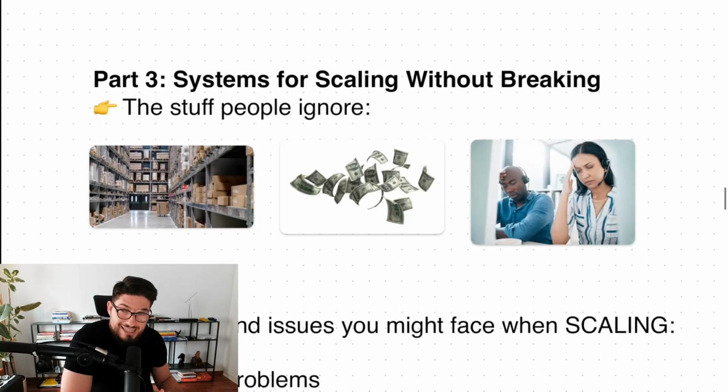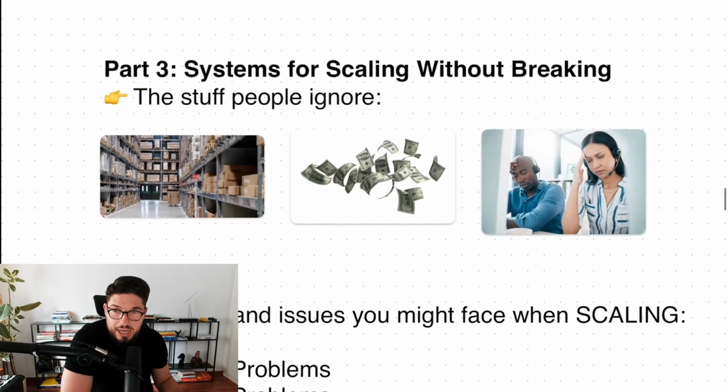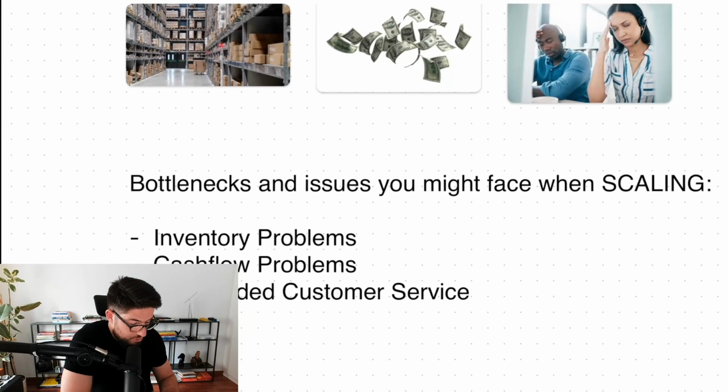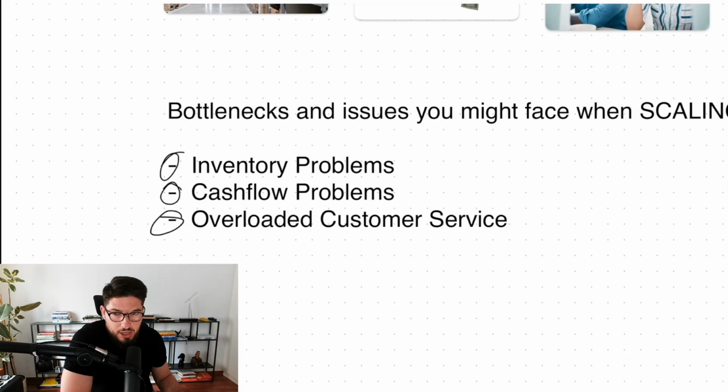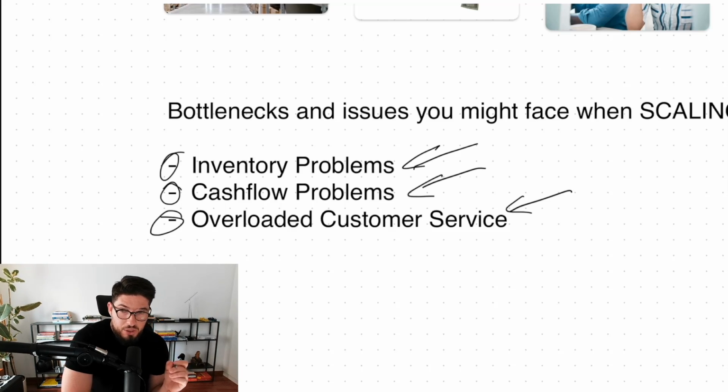So bottlenecks that could delay your time to get to $1 million a year: inventory problems, cash flow problems, and customer service that's basically overloaded. I just mention these ones because I've seen many people with an inventory problem, and they cascade because e-commerce is a cycle.